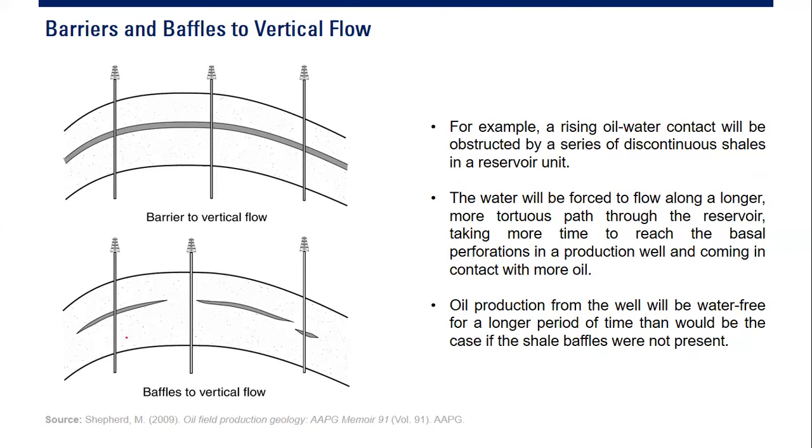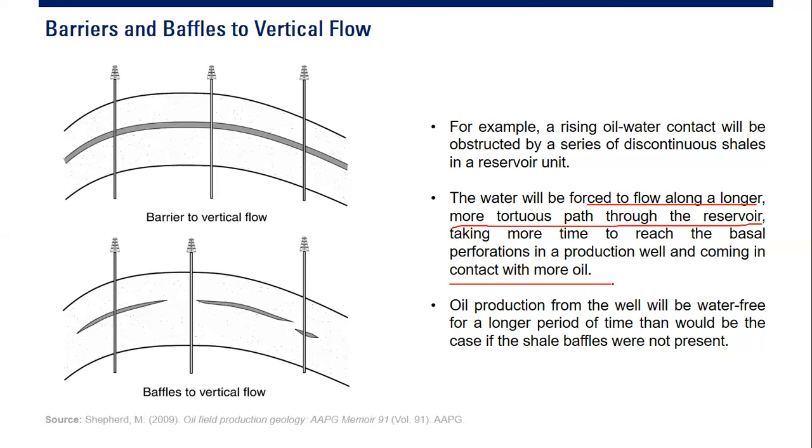All right, the water will be forced to flow along a longer and more tortuous path through the reservoir, taking more time to reach the basal perforations in a production well and coming in contact with more oil. Okay, so along the way, the water will rise, but it takes more time, it takes a longer and more tortuous path. And along the way, it's another good news, it will come into contact with more oil.